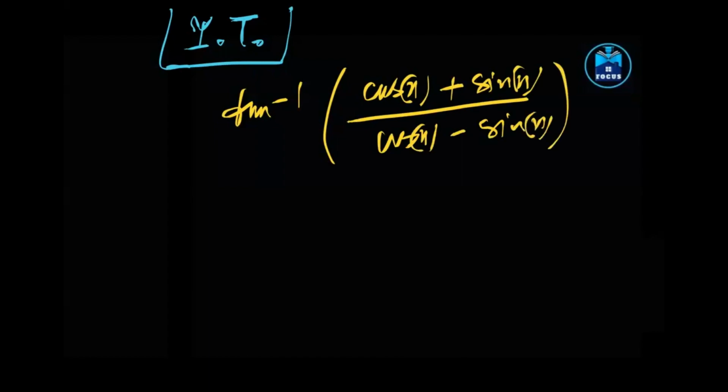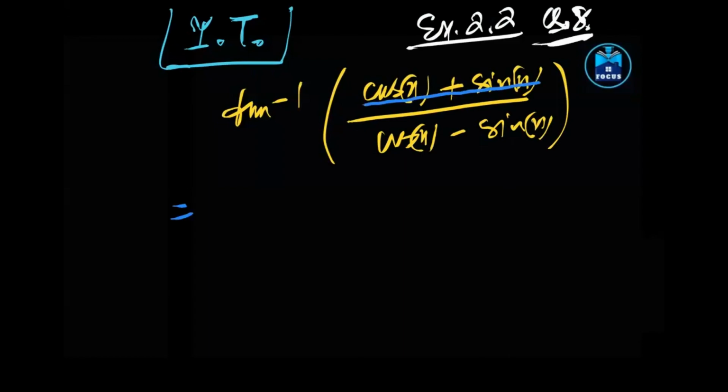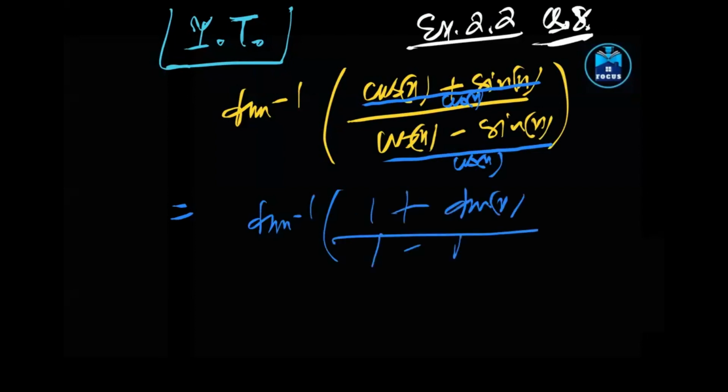I guess this is from exercise 2.2, question number 8, if I remember it correctly. To solve this question, all you need to do is divide numerator and denominator inside of the bracket by cos x. You will obtain tan inverse of (1 plus tan x) divided by (1 minus tan x).